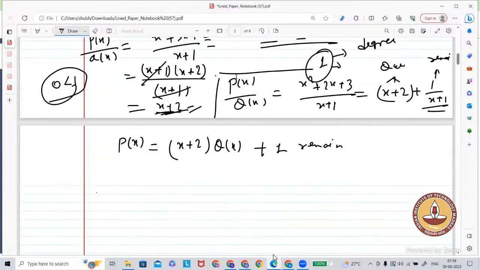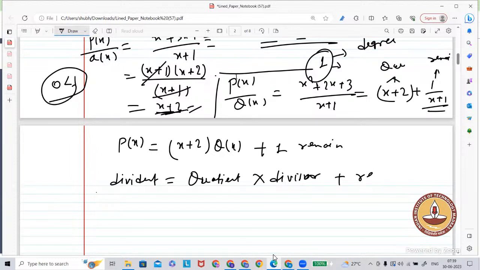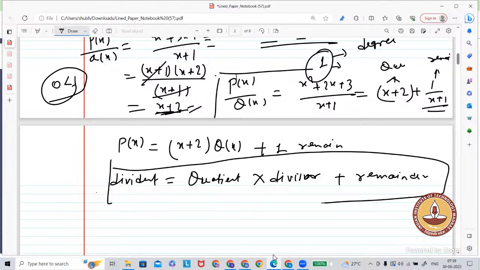So you can say dividend equals quotient into divisor plus remainder. This is the division algorithm you have.